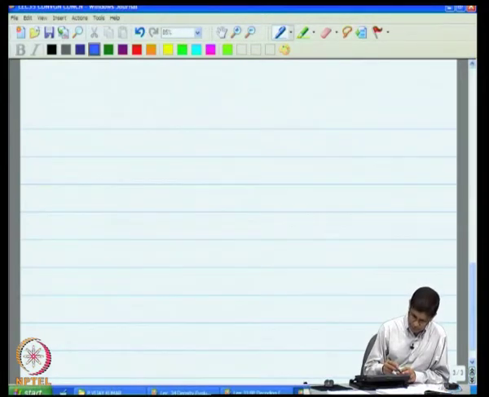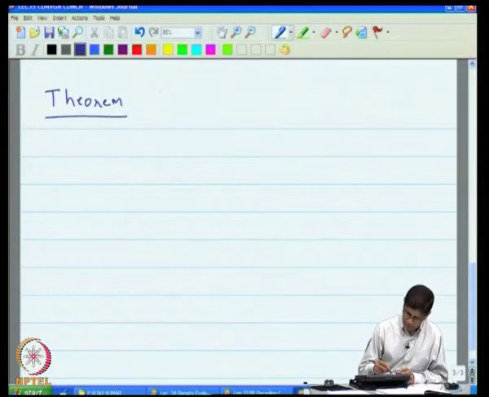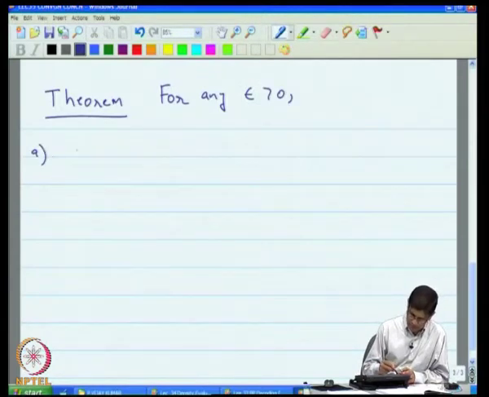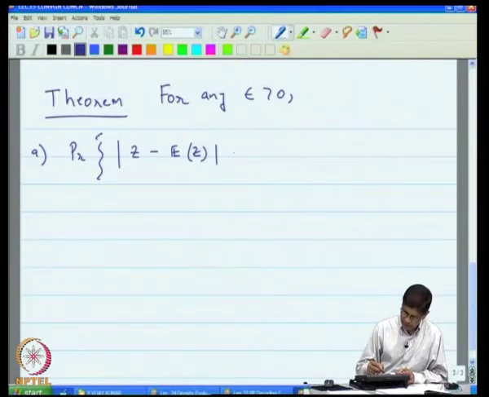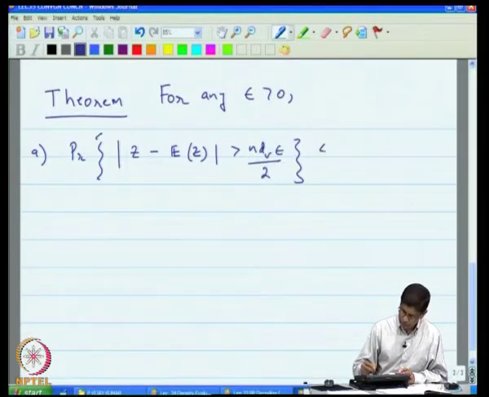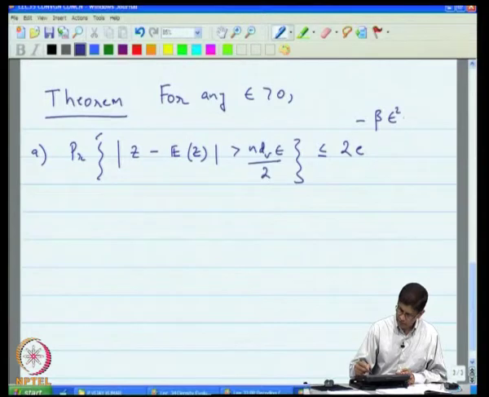So, here is the theorem. For any epsilon greater than 0, you have the following: A, the probability that |Z minus the expected value of Z| is greater than n d_v epsilon by 2 is less than or equal to 2 e to the minus beta epsilon squared n.